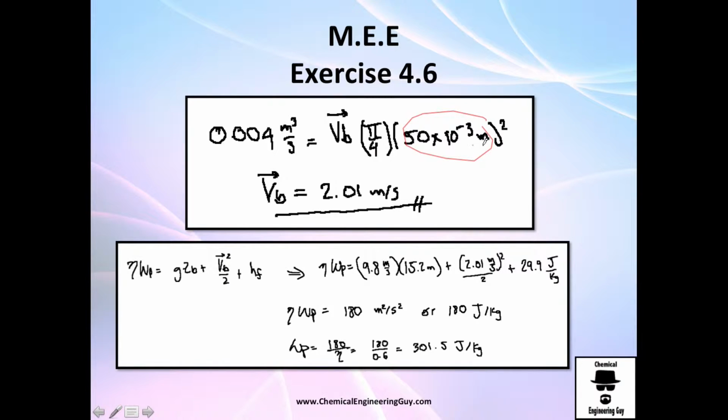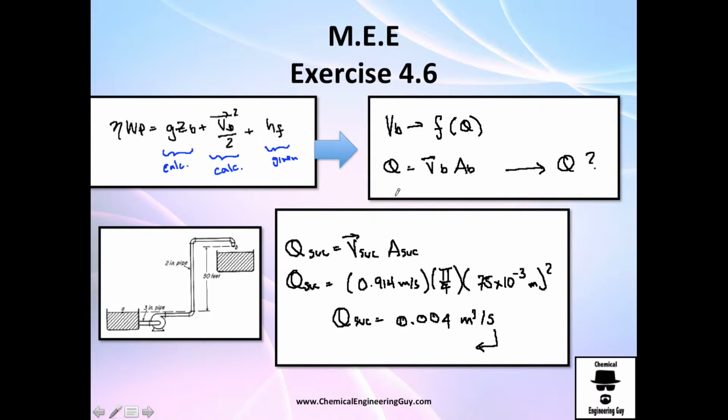Don't forget to change to meters. So we get the velocity in meters. We got the volumetric flow rate in cubic meters per second. And just solve for velocity. So it will be this to the second power times this, and then go dividing this. I got 2.01 meters per second. So what this means is that this beam is going out at 2 meters per second.